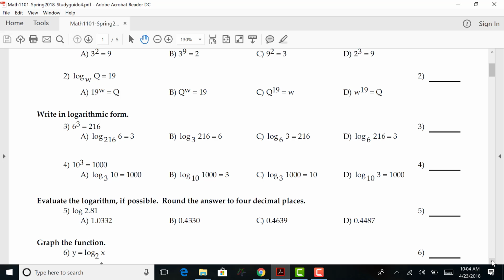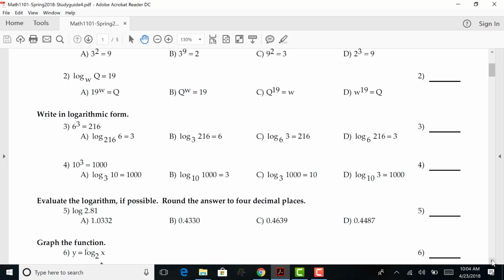Number 4, same method. I've got 10 to the 3rd power equals 1,000. So now I'm gonna do my circle method again. Put a dot under the 10, draw your arrow to the 1,000, and then your last arrow to the 3. All right, first box. Oh, I wrote it wrong, didn't I? Thank you. I'm supposed to be writing it in log form, not exponential form.